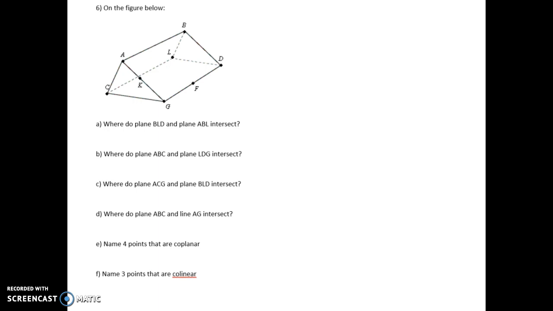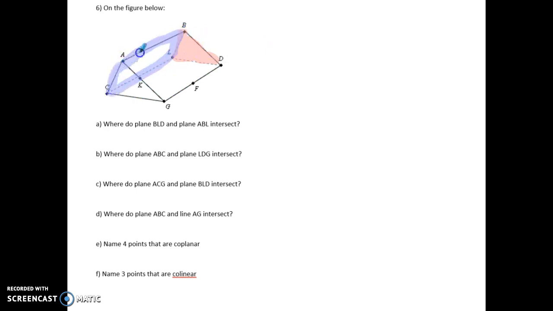So number 6 says, where do plane BLD, so let's go ahead and highlight that part of the plane. So we have BLD and ABL. So ABL, remember guys, you only need 3 points to name a plane.